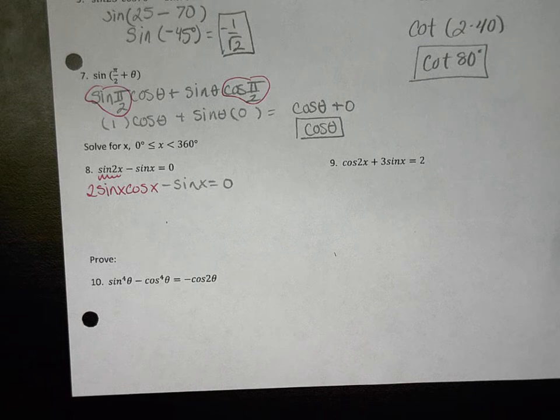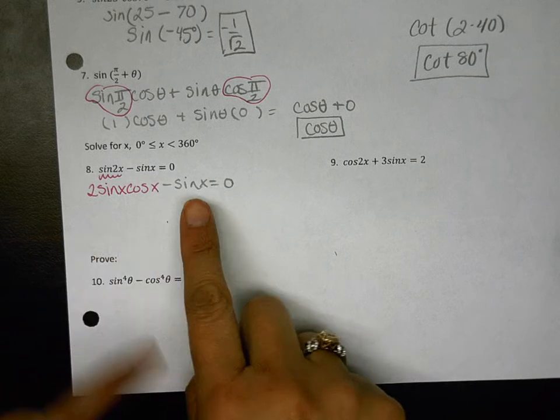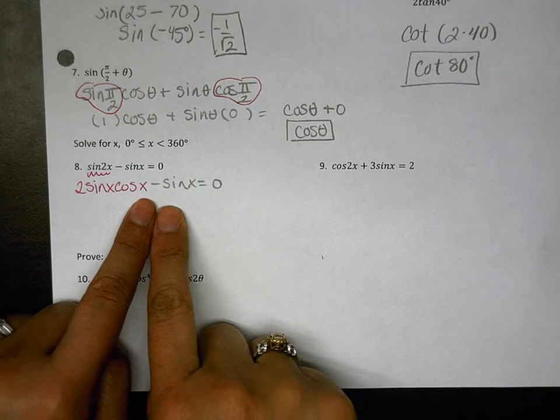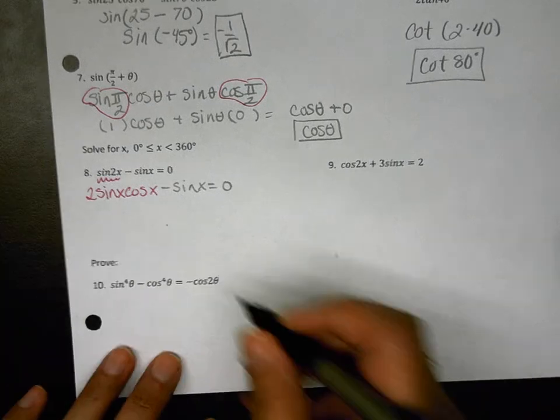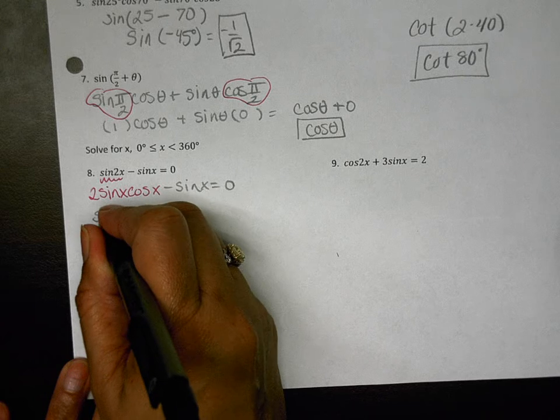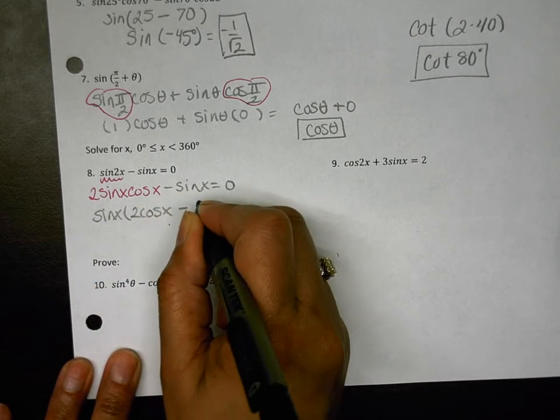Is there anything we can do now? Are there like terms now? Can I add, combine, add or subtract like terms? No, but I can do what? GCF. What is my GCF? Sine x leaves me with 2 cosine x minus 1.